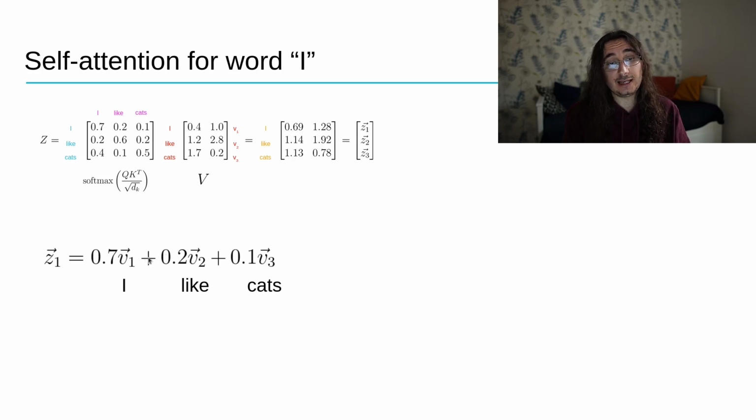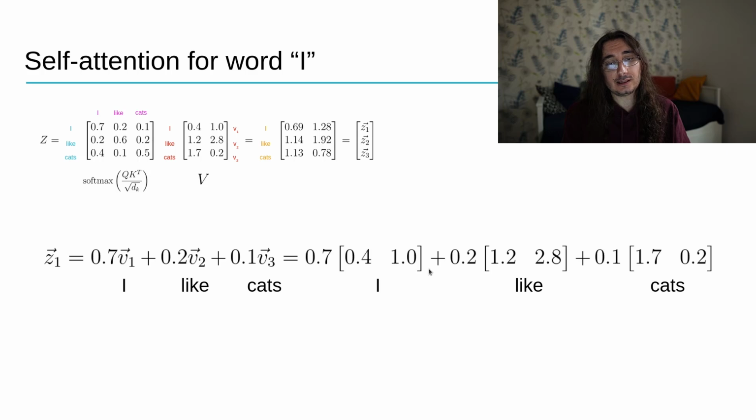And we sum to that this other multiplication, so 0.2, this value here, by V2, V2 being the value vector associated with like, and we do the same thing for the third element here. We can rewrite this like this, and it's going to become a little bit easier to follow. So this is equal to 0.7 multiplied by this vector I, that is V1 here, so 0.4 and 1 like this, and you can do the substitutions and see that that checks out.